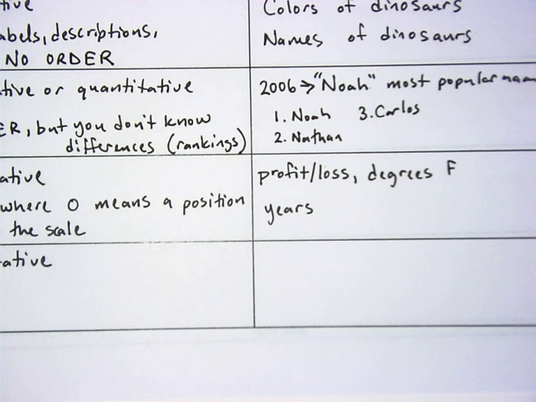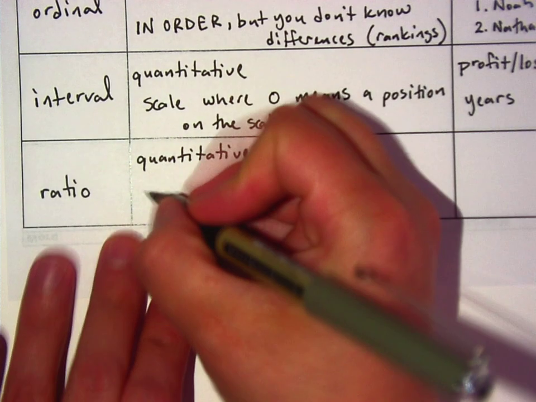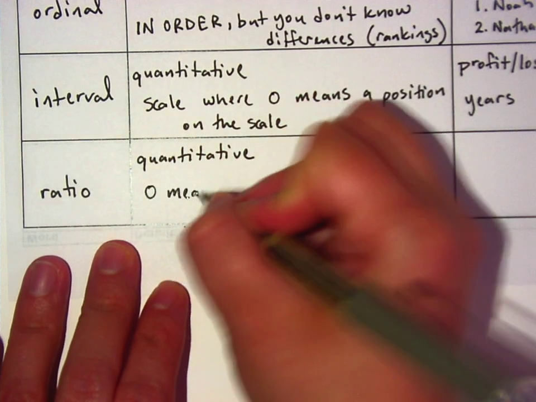So BCE is from before 0 years, AD is after 0 years. It's just a point in time. It's not like 0 is where time began. It's just a spot. Ratio is where 0 means none.